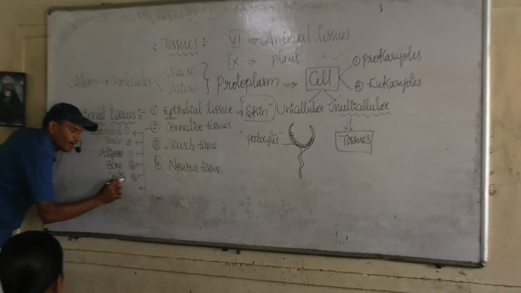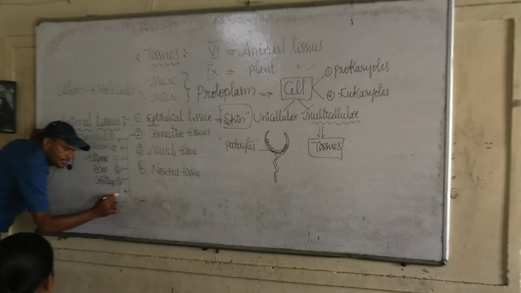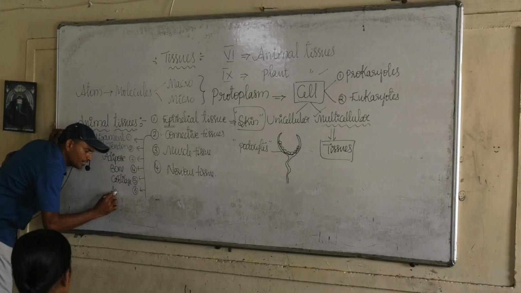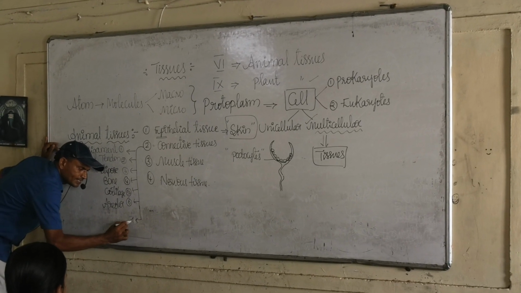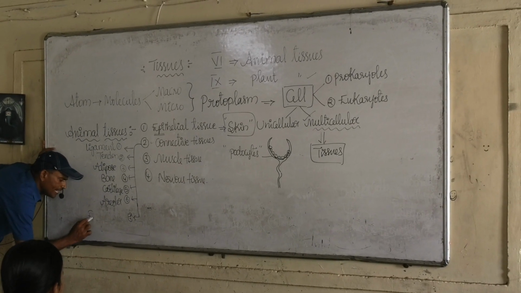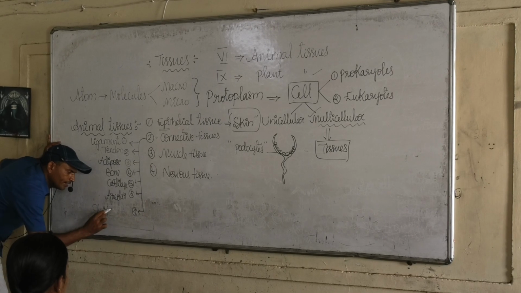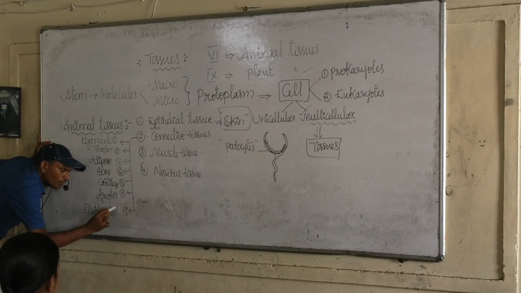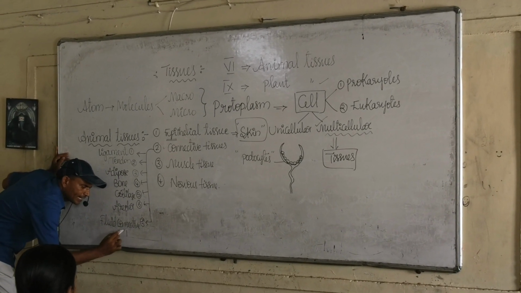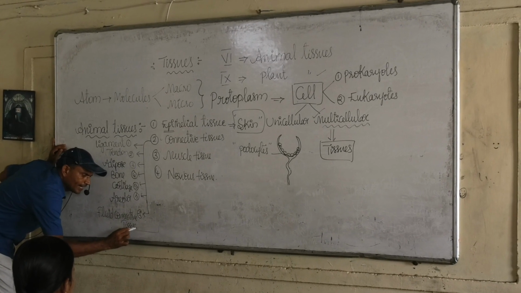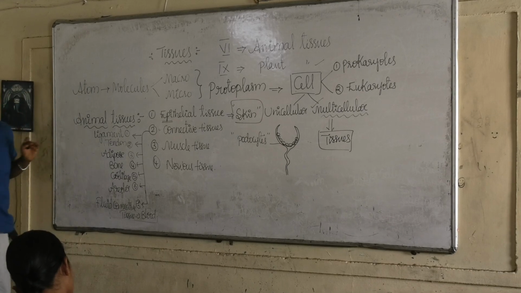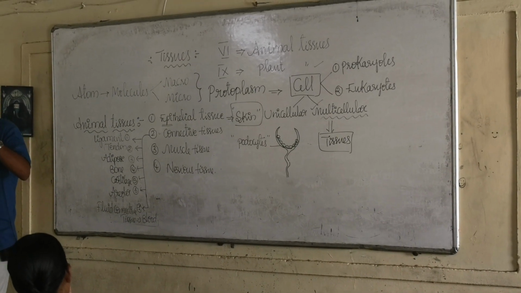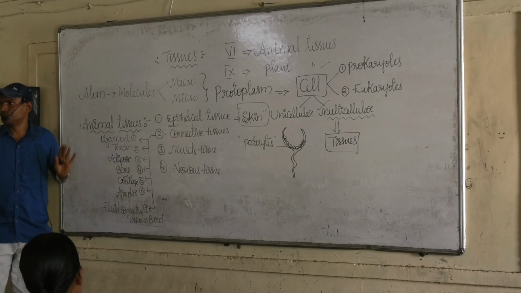Sixth one, areolar tissue. And the seventh one, fluid connective tissue. Fluid connective tissue is nothing but blood. These are the tissues we need to concentrate on under connective tissues.